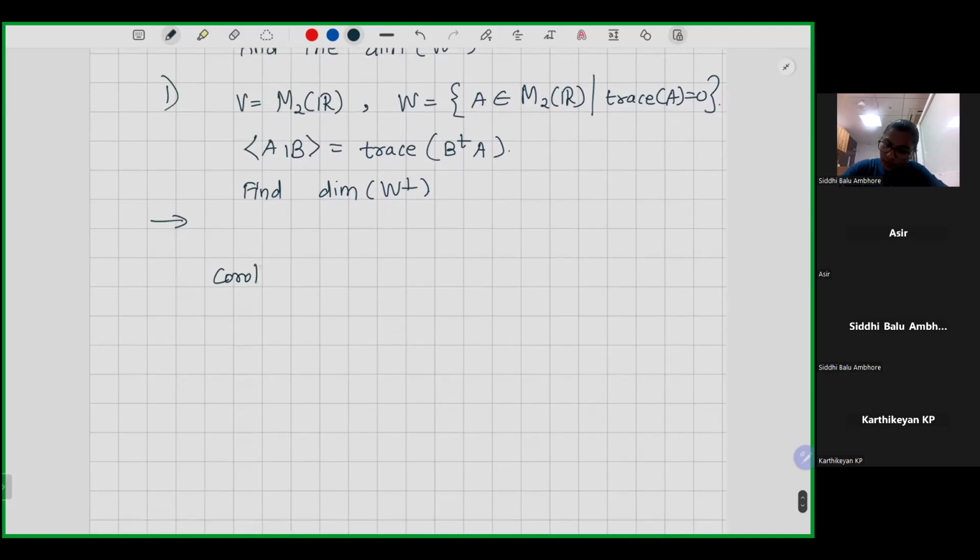Remember this. This is a corollary proved in, I think, the week 10 syllabus: the dimension theorem for orthogonal complement.